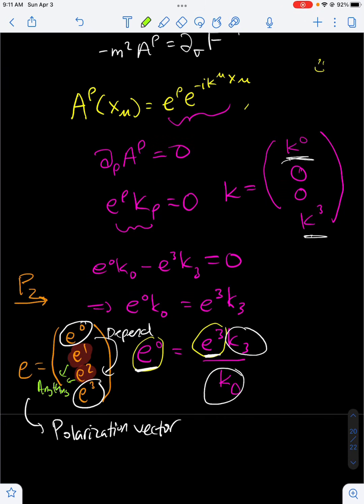So we say that 2 components of the polarization vector are linearly independent, but the upper and bottom components are linearly dependent. So technically speaking, we have only 2 linearly independent polarization states.